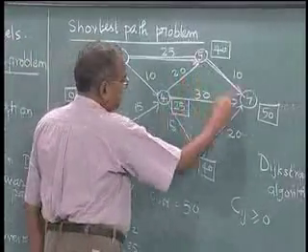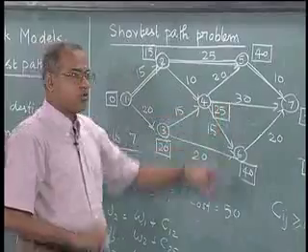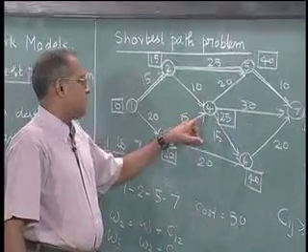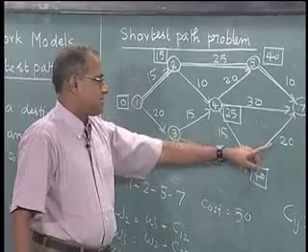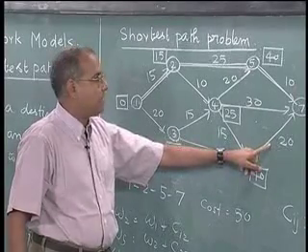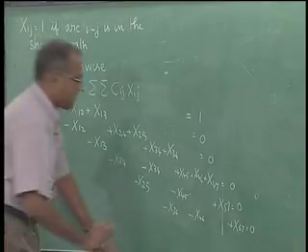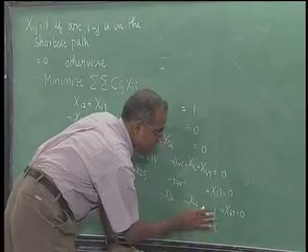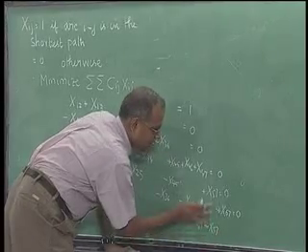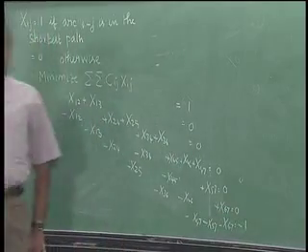So, we write x57 or x47 or x67, sum of them should be equal to 1. So, the constraint will be x57 plus x47 plus x67 is equal to 1. We write it in a slightly different way. We write it as minus x47 minus x57 minus x67 is equal to minus 1.